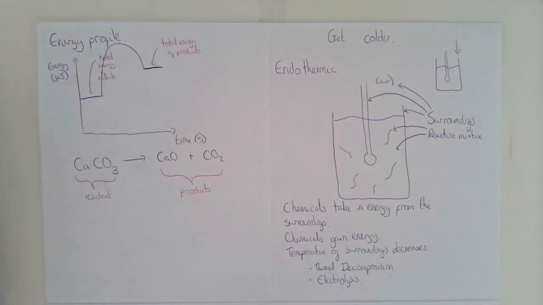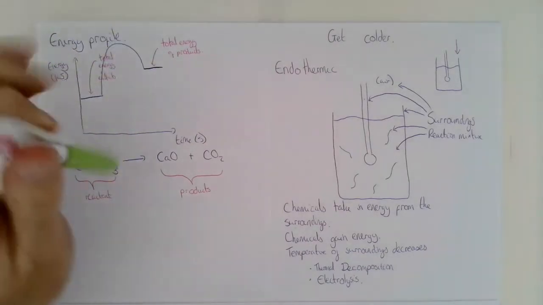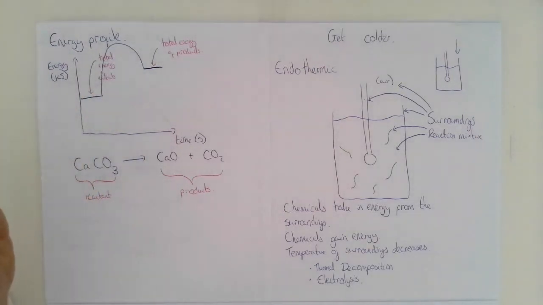This time it's going to look like that. Again, activation energy is the minimum energy required for the reaction to occur. We can add some more labels to this now, two very important labels.